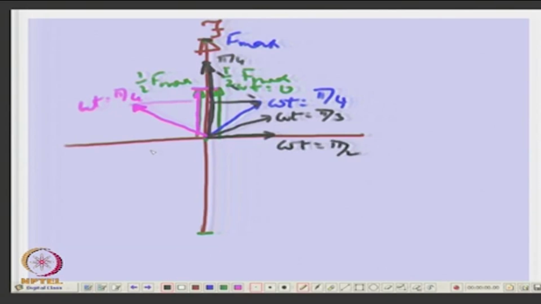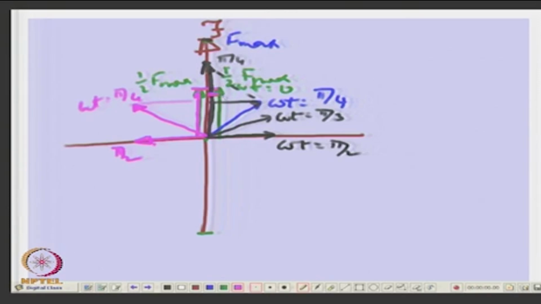You come here, the magnet has come here at omega t equal to pi by 2, and the backward magnet has now come here. So, at 60 degrees it will be half of this, is it not? It will be cos 60.